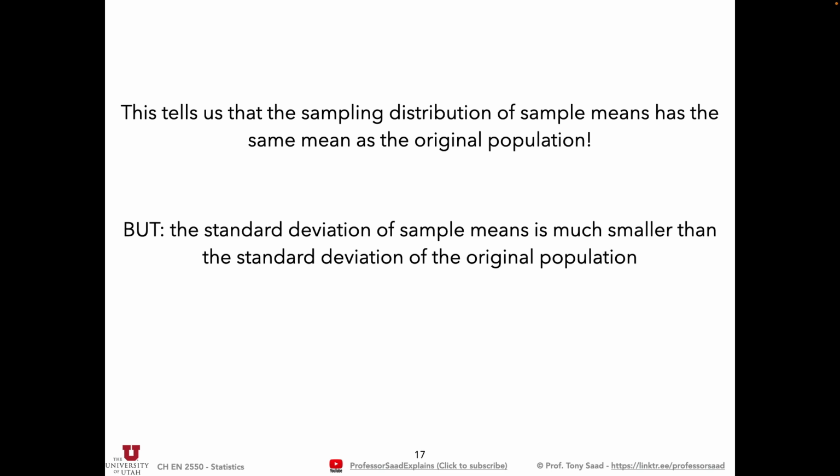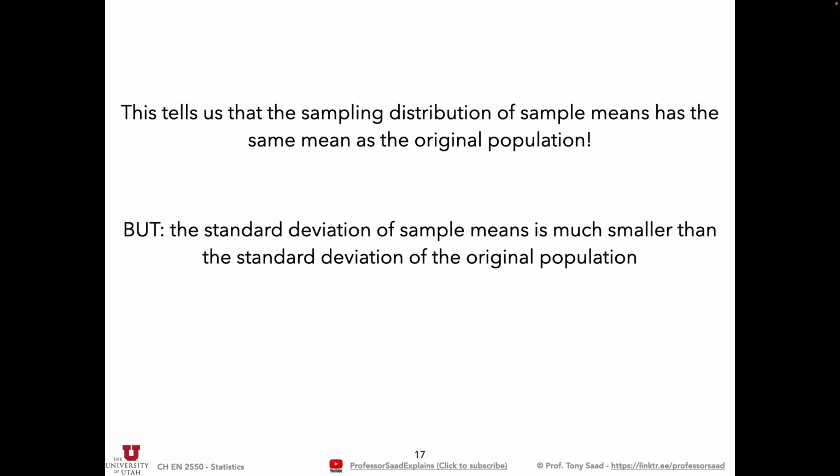Would we have expected that? Yes, because the sample means measure something different from the population, which is die faces. The sample mean is looking at the average roll that you get in these rolls.